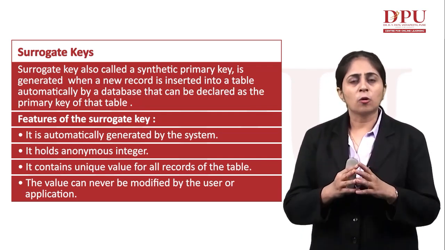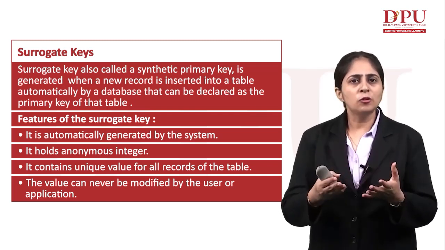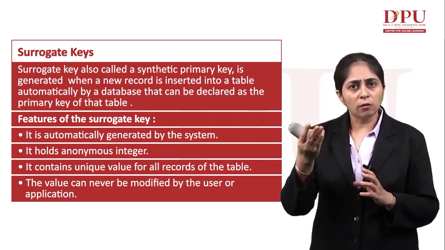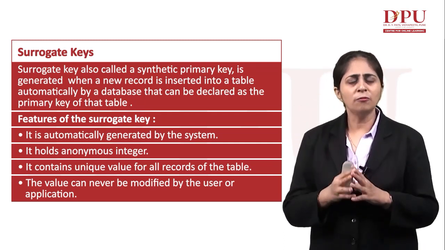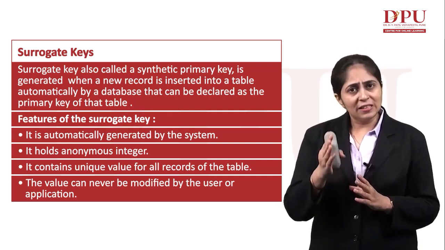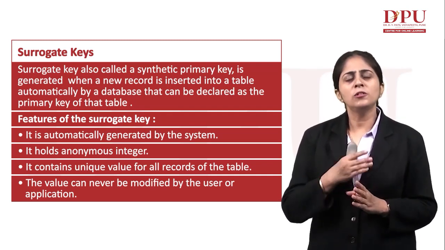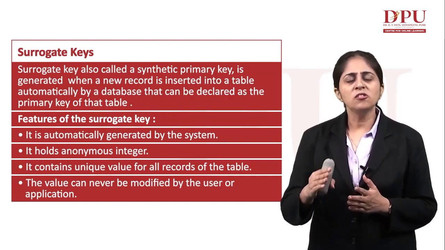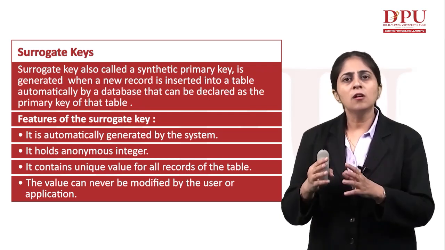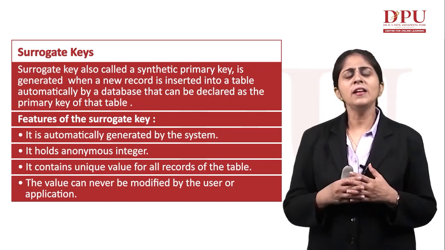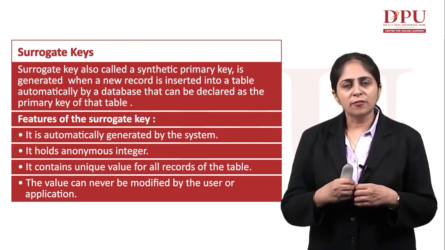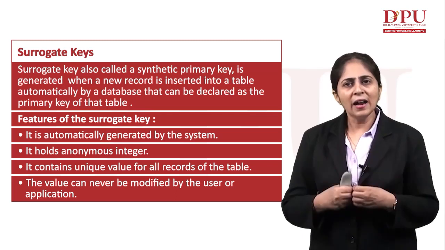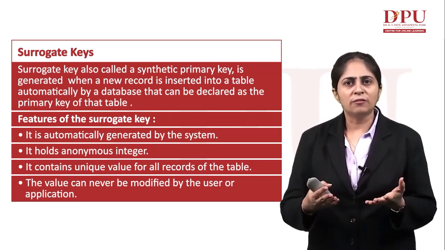Like your roll number: you yourself as a user cannot change it. That is associated to you by your teacher or the admin. So here our surrogate key is also being used as a synthetic primary key, and it can never be changed or modified by the user or the application. In a way, we can call the surrogate key a factless key also, because it is used just for our ease of identification of the unique values.